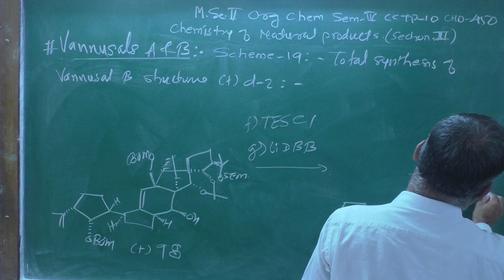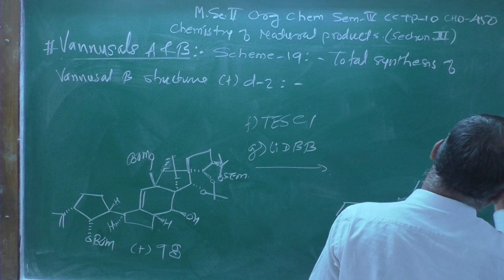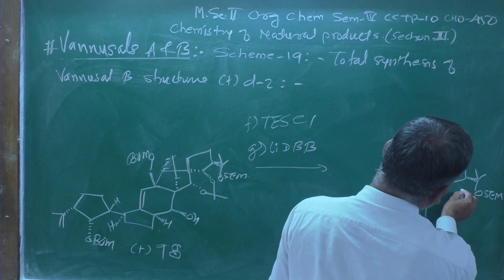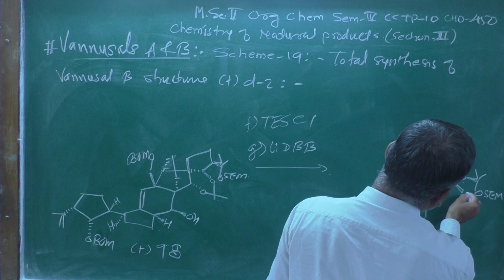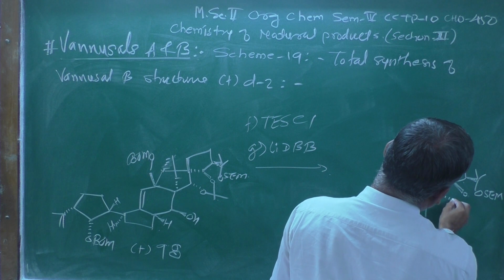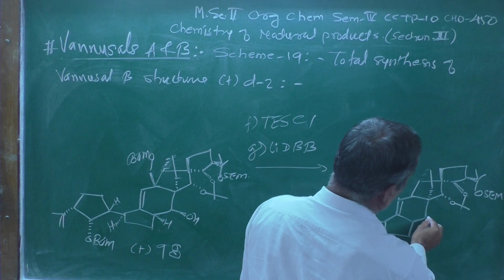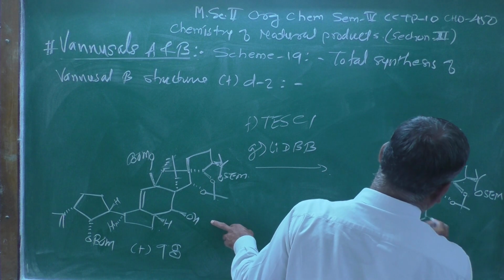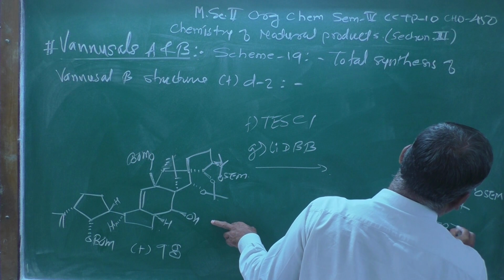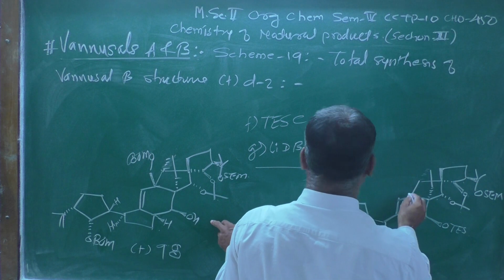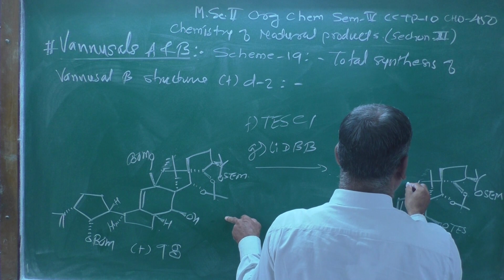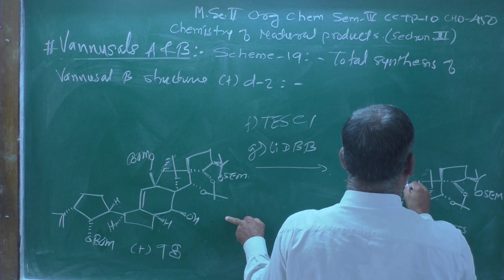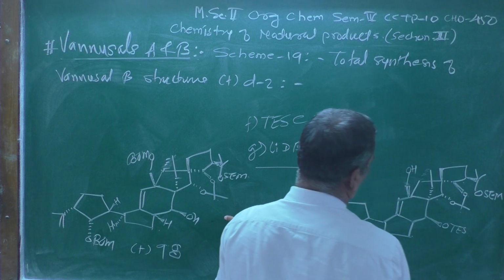Here is the isopropylene group, which is protected by the same. Now here is another O group, which is protected like this. Here the group which is above the plane should be protected with TES, and here there is a group, not this one, this is a group which is deprotected, that is a hydroxyl group.